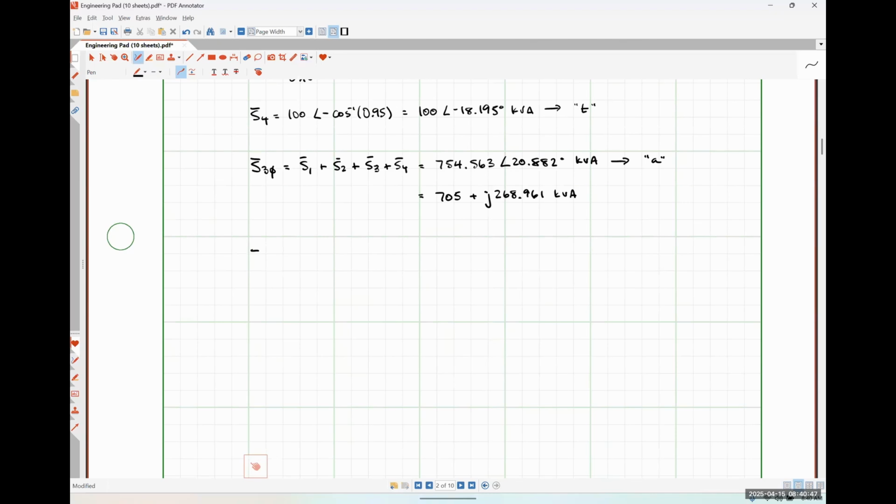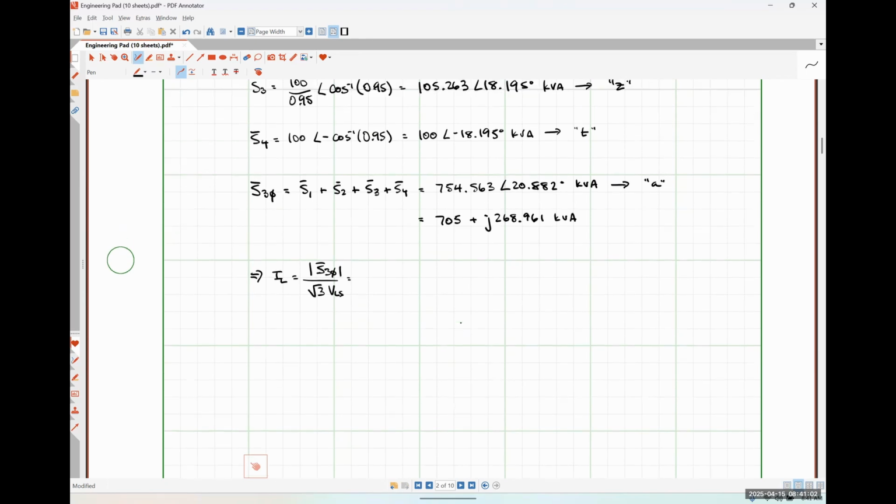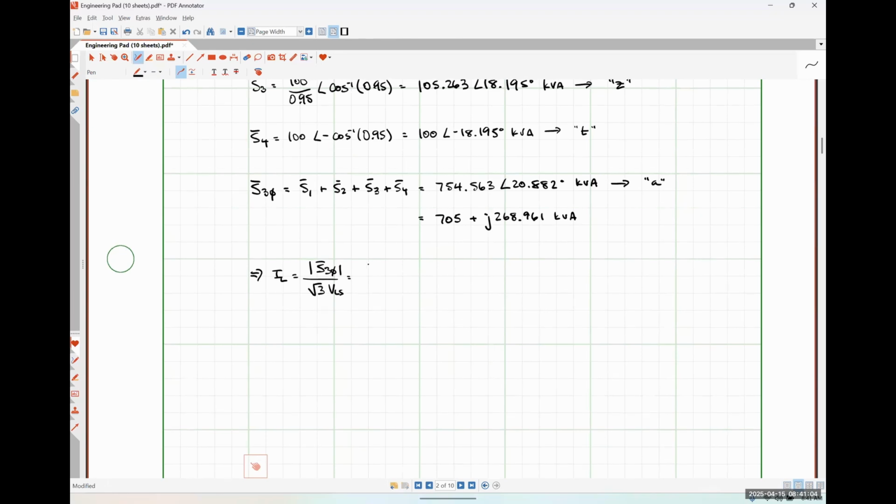So we could say that IL is just the magnitude of S3 phase divided by √3 times VLS. So that's going to look like 754.563 kilovolt amperes divided by √3 times 13.8 kilovolts RMS.